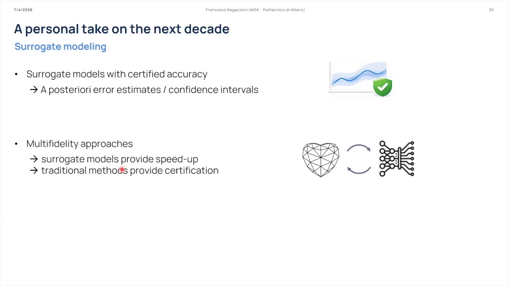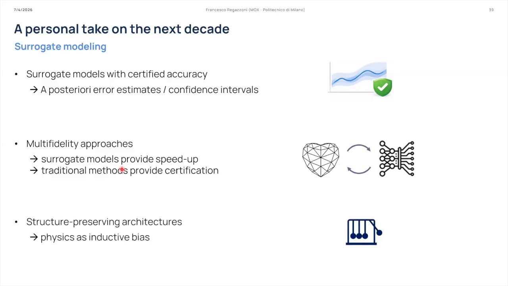Another way to merge numerical methods with surrogate models in a synergistic way is through multi-fidelity approaches, where surrogate models provide speed up, and traditional methods can provide certification of the error.